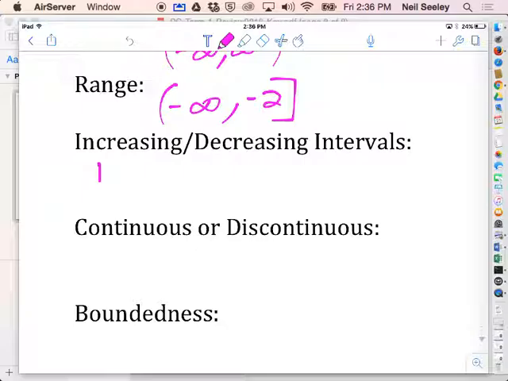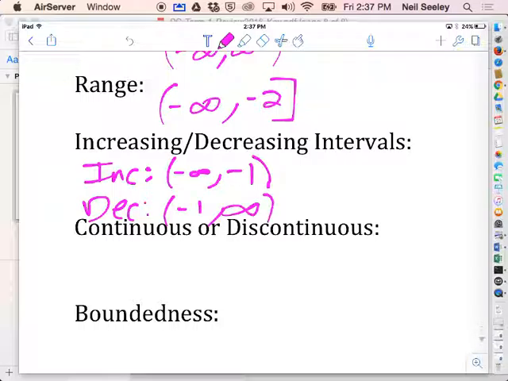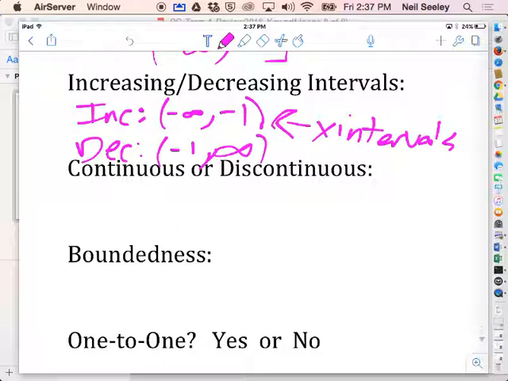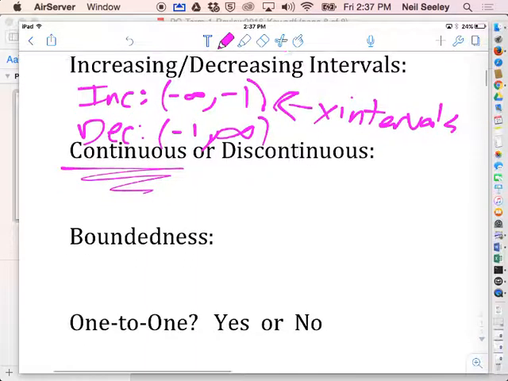So it's increasing on the left, which is from negative infinity until the x that negative 1 is, where the peak stops, and then it decreases from x value negative 1 to infinity. It's all about x values. These are x intervals. Continuous or discontinuous, did you have to lift your pen? This one is continuous. No.